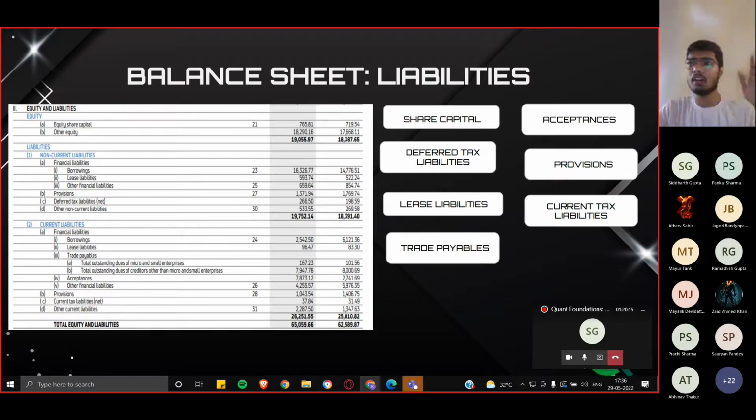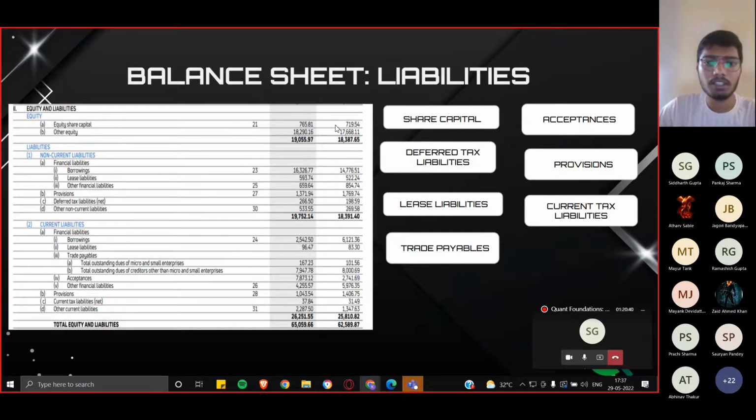Whatever they are using is our money. We are not using our money right now, but we are giving that money to that entity for their use. So it comes under the liabilities only. That is, equity plus liabilities equals assets.